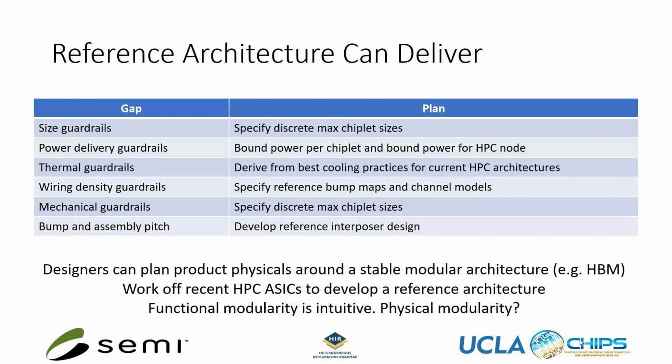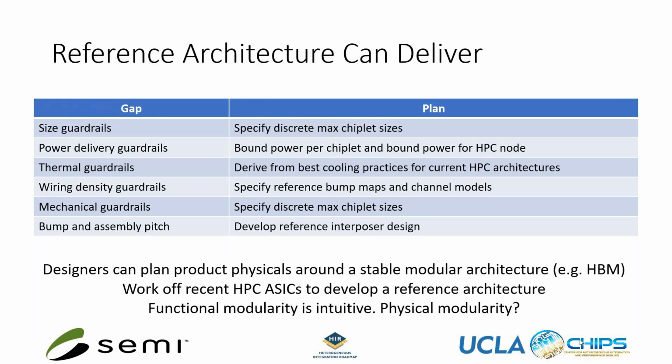So in some sense, if you can deliver a reference architecture, can designers form their own product plans around it? And the idea that we went off, thanks to John Schaff from LBL, who kicked us in this direction with a solid catalyst, is that we can work off HPC ASICs to develop a reference architecture.